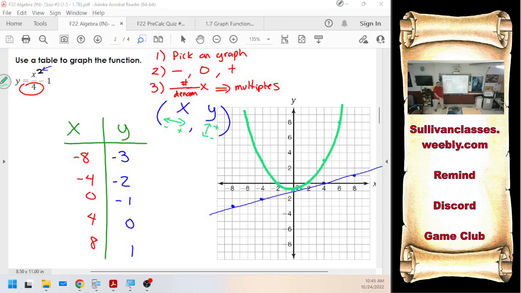Turns it into that. Okay? We have to know how to graph by table because that's coming. And the only way we're going to know how to graph that is by table. Okay? So please, please, please, please put the table next to it.